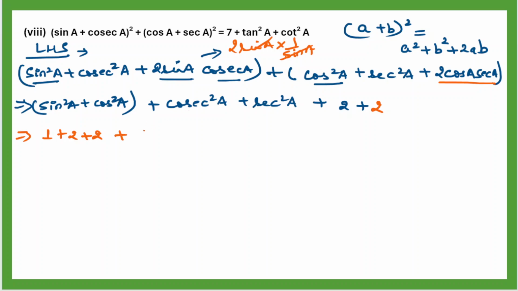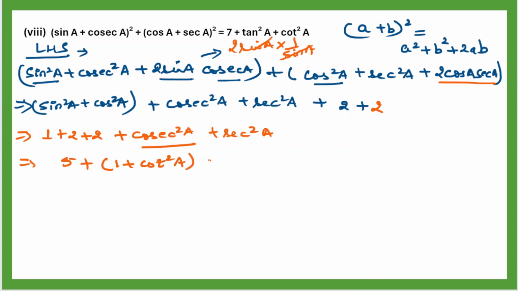plus cosec square a plus sec square a. Okay, so it is 5 plus, well, in place of cosec square a you can write 1 plus cot square a, plus in place of sec square a you can write 1 plus tan square a. By using the identity, we know that it is the identity directly.